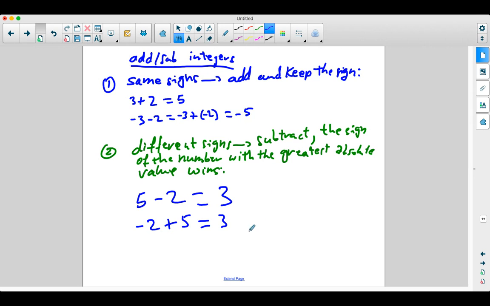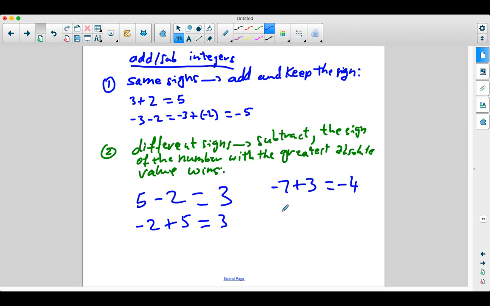Okay? Again, if you have negative 7 plus 3, okay, I'm going to do 7 minus 3, which is 4, but I will know that my answer is negative because 7 as a number is way bigger than 3. That means I have more of the negative than I have positive. So after the subtraction, my answer would be negative.